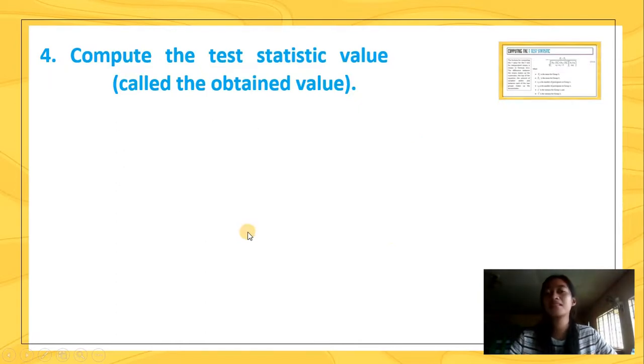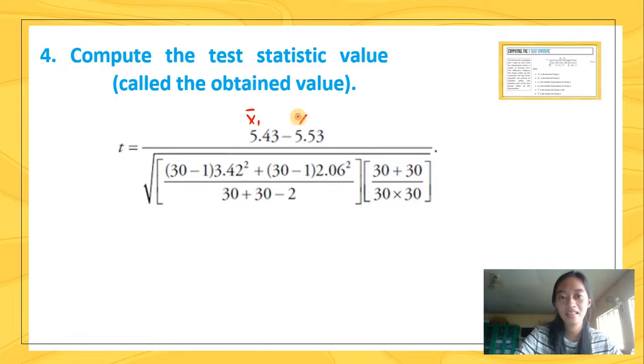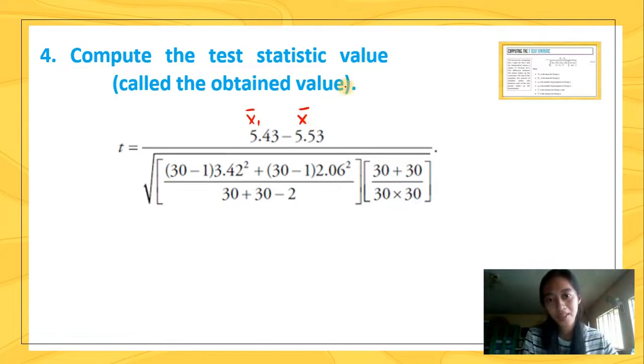And then you have those values, then you will now plug it in your formula. So for this one, our x bar sub 1 is this, and x bar sub 2, the mean for group 1, sa imo pag-solve, I will leave that to you. This is 5.43 ang mean. Ang sa group 2, ang mean nila kay 5.53. And then the n sub 1 is 30 participants, and n sub 2 also 30.